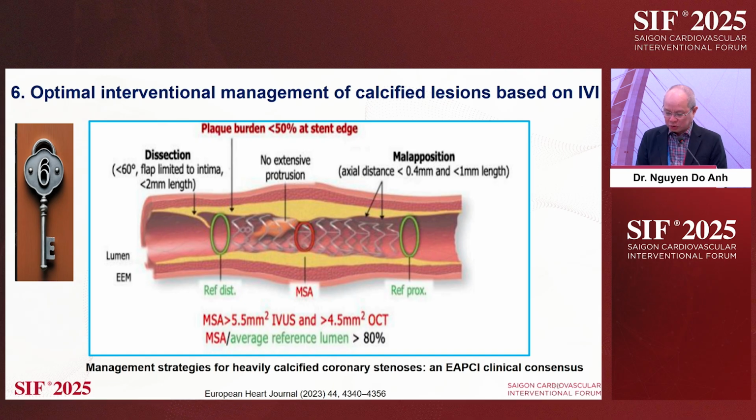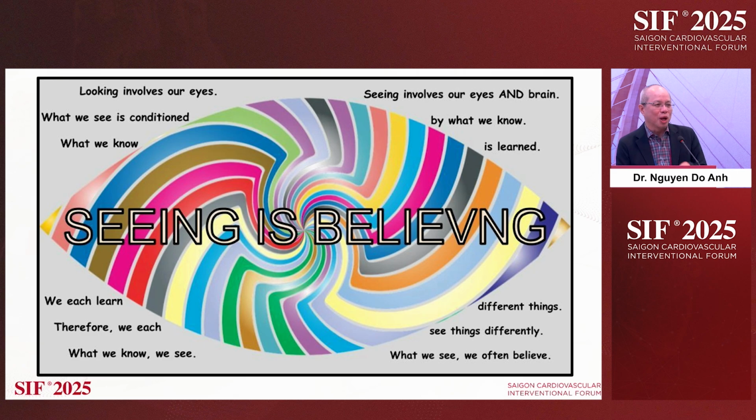Now it's central in determining calcium severity, selecting the device, confirming the success of lesion preparation, guiding the stent deployment, and then finally evaluating the procedure results. So we are in the era of IVI-guided PCI, like the slogan, "Seeing is believing."